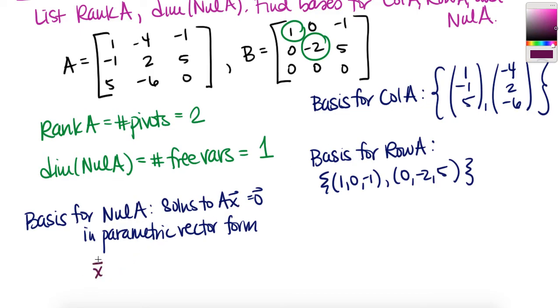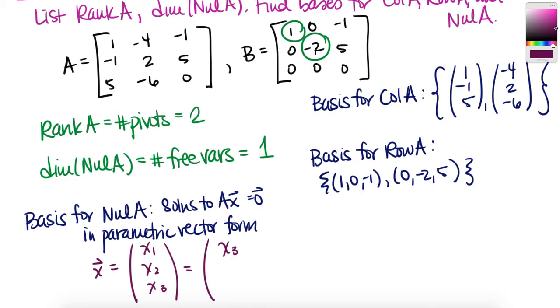Okay, so X is equal to, I have 3 variables, x1, x2, x3. And x1 is going to be positive x3, right? There's negative 1 x3, move it over. Let's see. Ooh, this is not row reduced all the way.